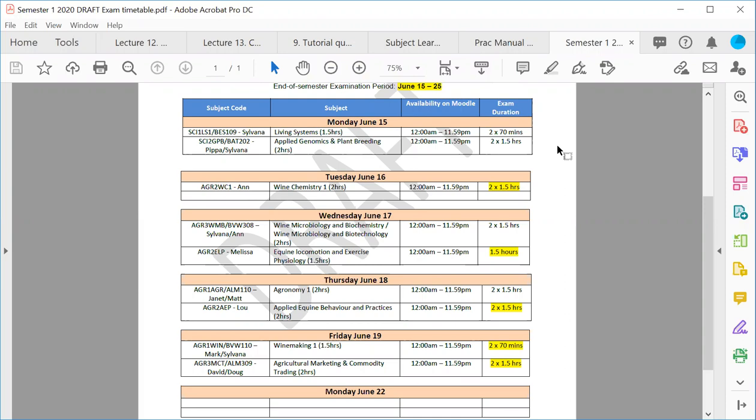A large portion of that subject was 7 weeks doing those courses. Are we now required to do the extra work, like these extra online quizzes for that subject? No, not at all. Those assessments, which are the tractor operations course and the chemical users course, have not been replaced.